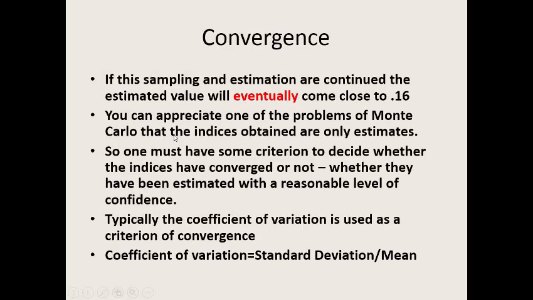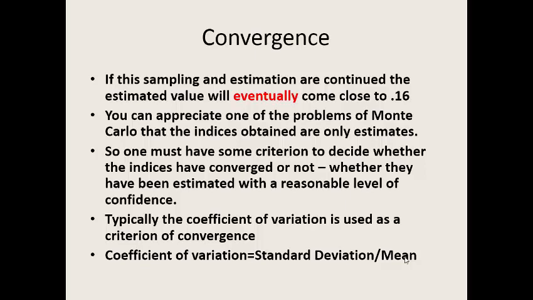So then the question arises: if you keep on performing the sampling, when should you stop? And this brings us to the question of the criterion for convergence. Typically, we use the coefficient of variation as the criterion for convergence. The coefficient of variation is equal to the standard deviation over mean.